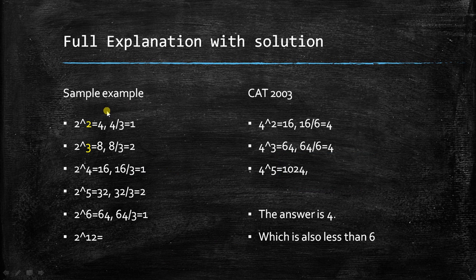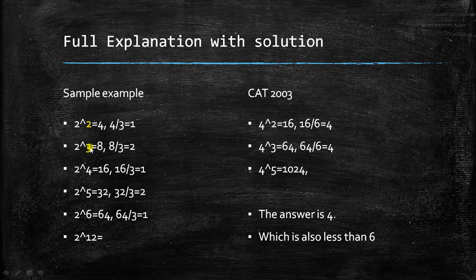see the sample example. 2 raised to the power 2 gives 4, and if you divide 4 by 3, it gives remainder 1. 2 raised to the power 3 gives 8, and if you divide 8 by 3, we get remainder 2.